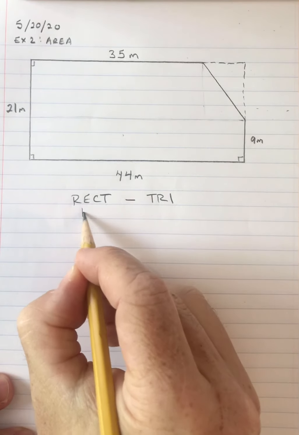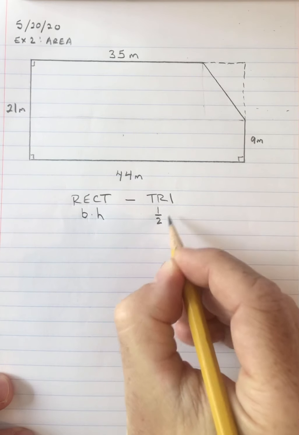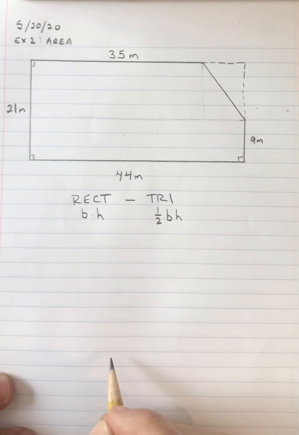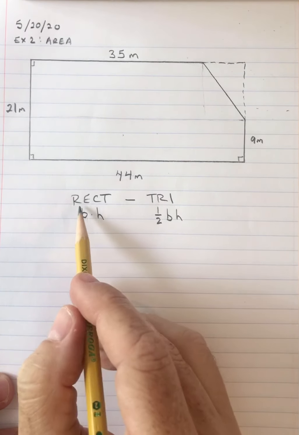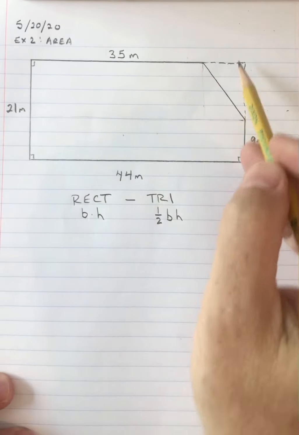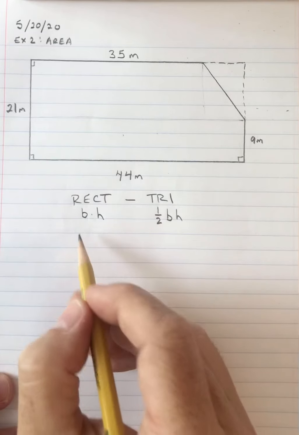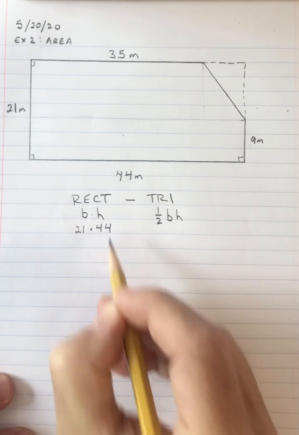So I'm doing the same thing, base times height minus 1/2 times base times height. Then I'm going to substitute in my rectangle at base times height. If this whole thing, that would be 21 times 44.